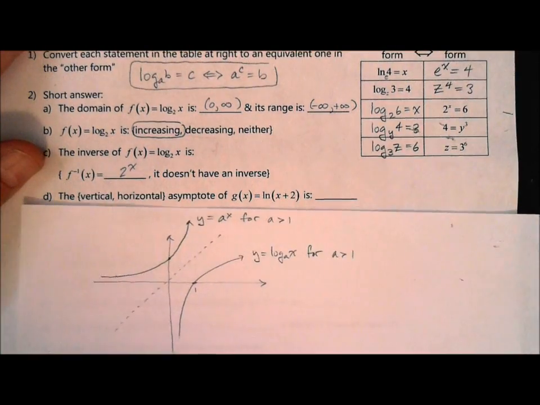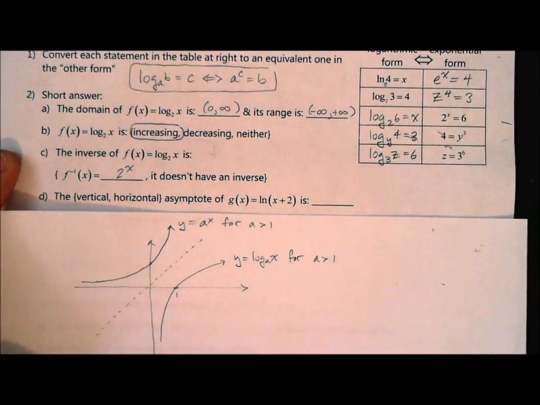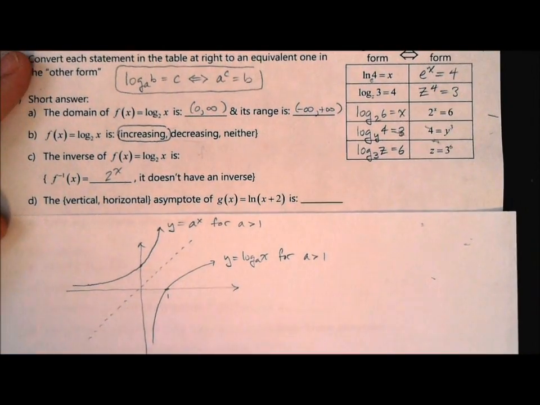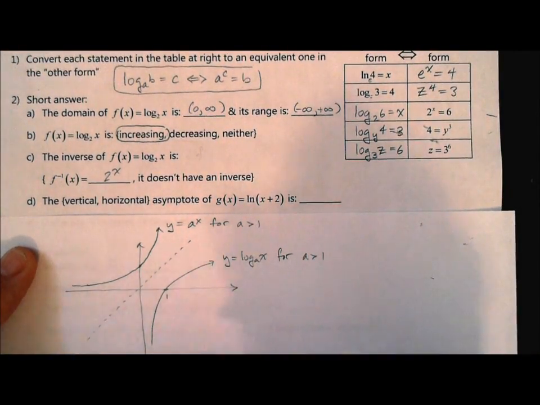And now we're asked about vertical or horizontal asymptotes. Well, again, remember what an asymptote is. It's a line so that the graph for which it's an asymptote, the graph gets arbitrarily close to that line as you travel away from the origin.